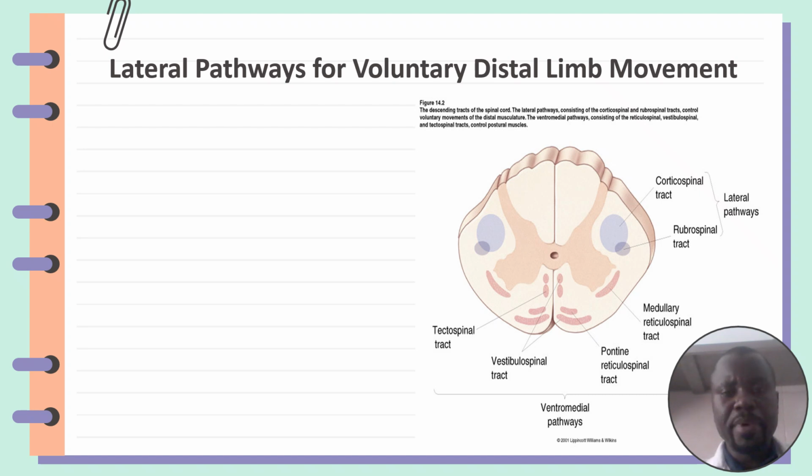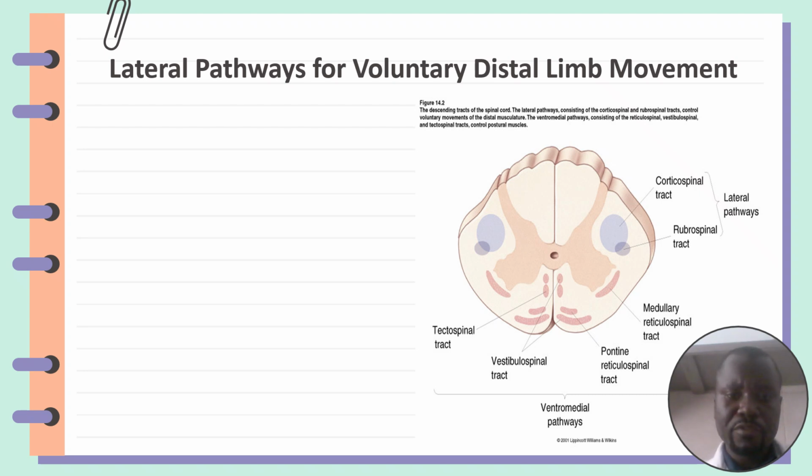The pathways are also named according to the projection of the neurons and the direction of impulses. So you look at the corticospinal tracts within the lateral pathways. This implies that the neurons originate from the cortex and project to the spinal cord. Then within there we also have the rubrospinal, meaning projecting from the nucleus ruber or the red nucleus towards the spinal cord.